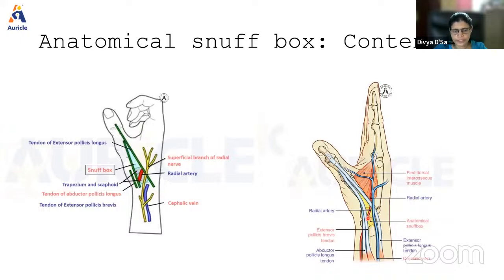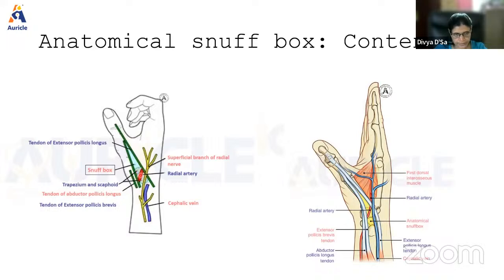The floor is formed by the scaphoid as well as the trapezium, and the roof is formed by the skin and the superficial fascia. The content is the radial artery.